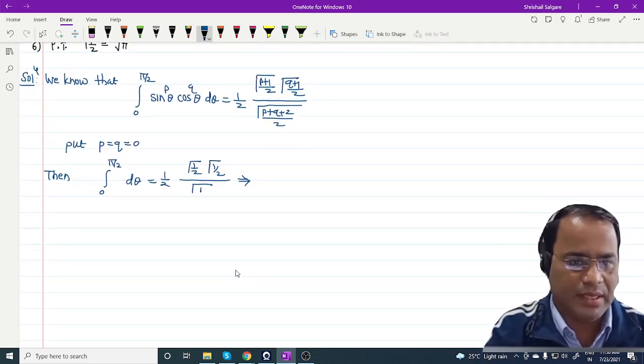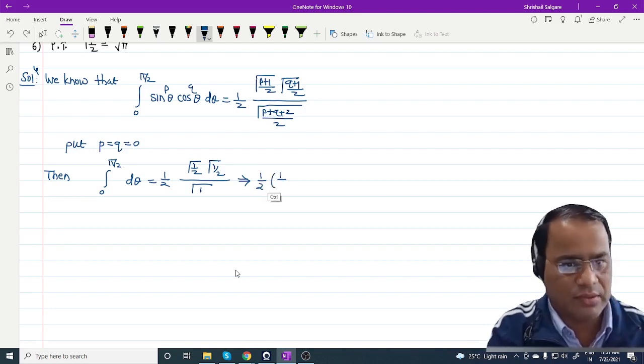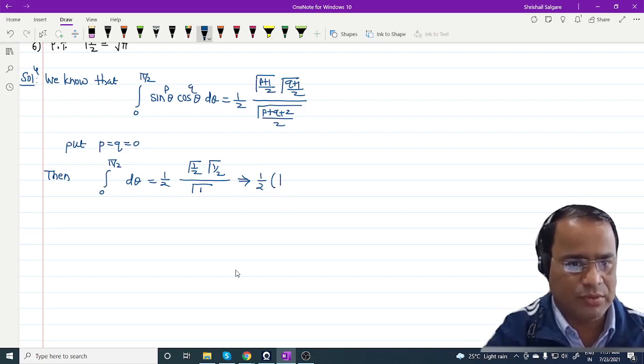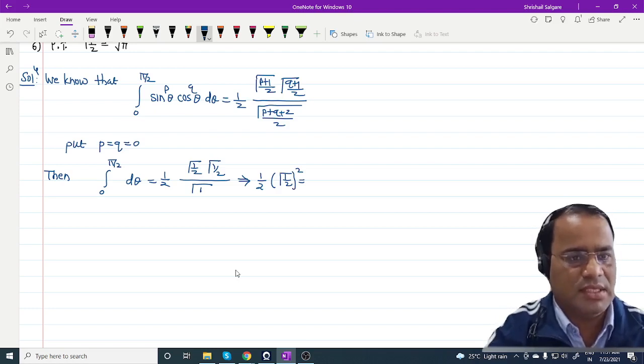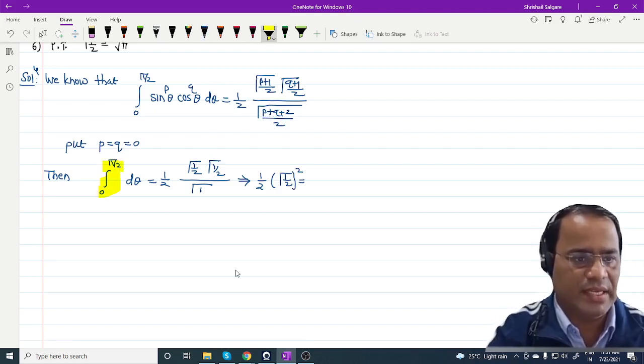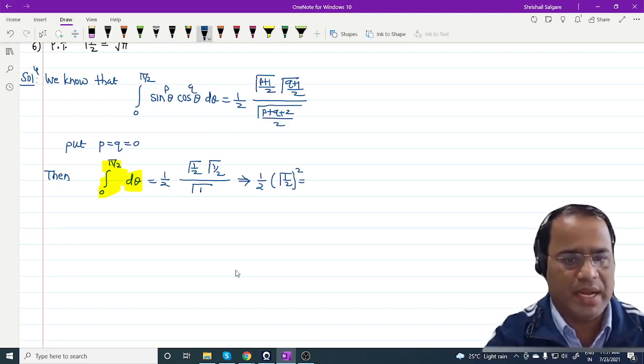So same thing, this one I will write 1 by 2 into gamma of 1 by 2 whole squared, is equal to, now this is a definite integral with integrand 1 and limits 0 to pi by 2. So its evaluation is nothing but upper limit minus lower limit directly. No need to evaluate separately.